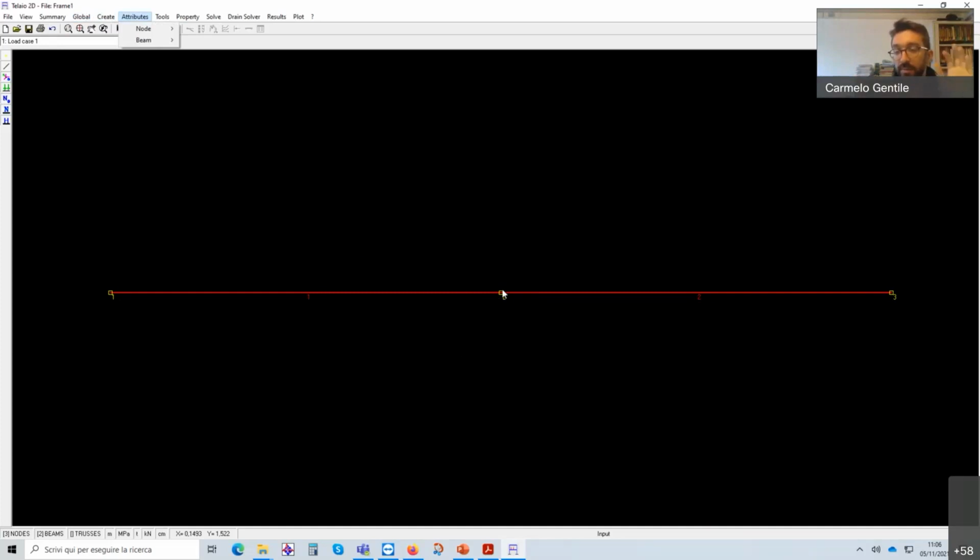Here, it is by default fixed. So these 2 elements behave as just a beam. So we don't need to restrain anything here because it's already done automatically. But we have to impose the external constraints.